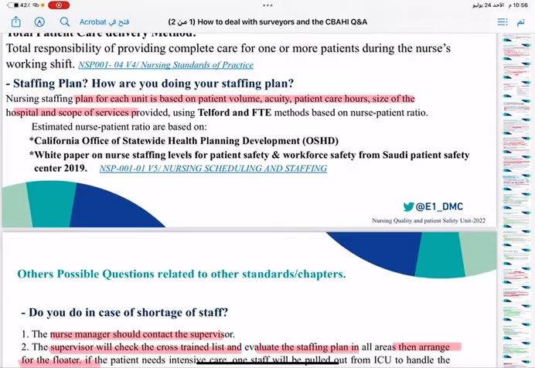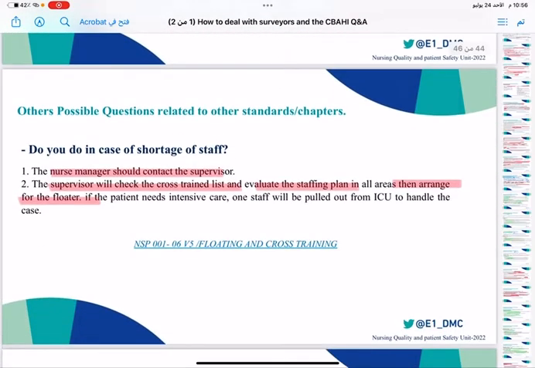She is aware of it when she is assigning the nurses to the patients. The acuity of patients, the volume, the patient condition, the caring hours, the size of the hospital, and the scope of services provided. All these things have to be kept in mind so that she can adjust the assignment when giving the assignment to the staff.